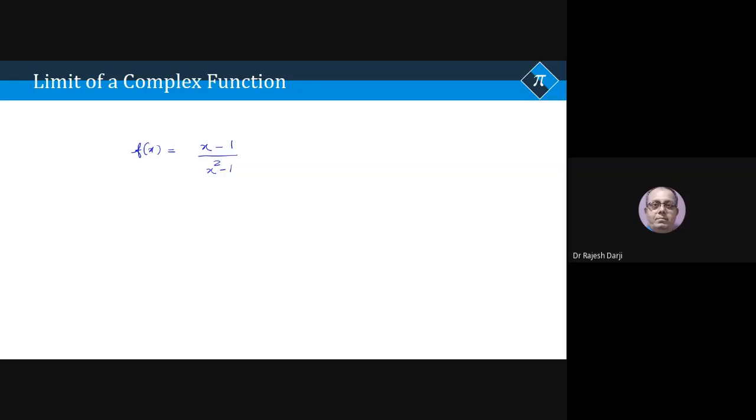This function is given. Someone asks you what is the value of f x at x equal to 1.